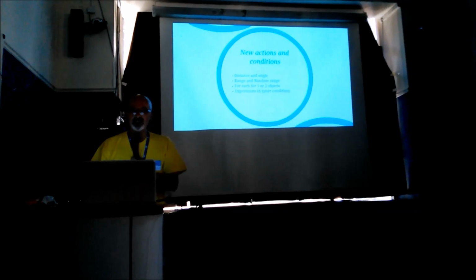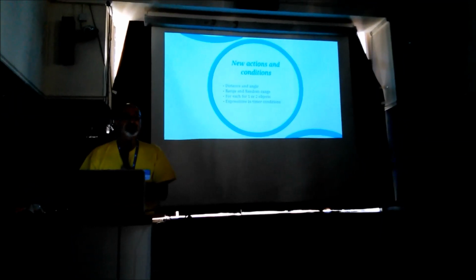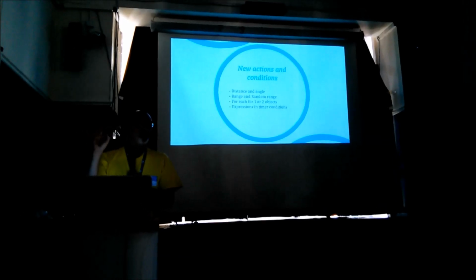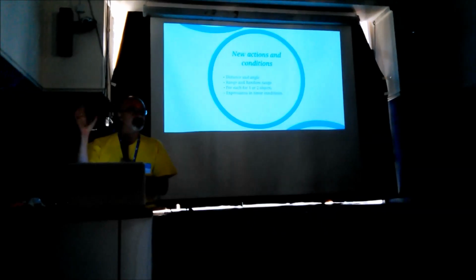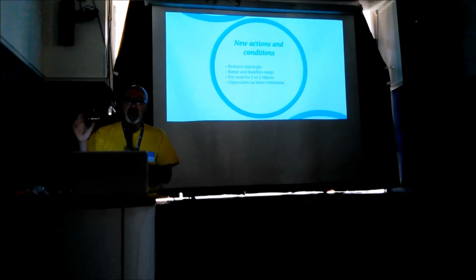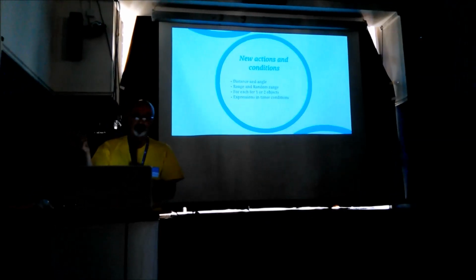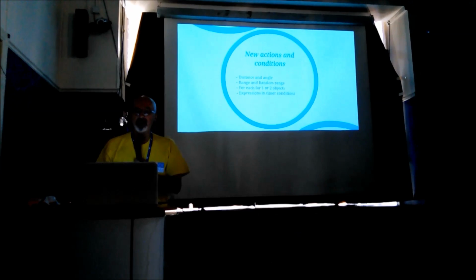New actions and conditions: distance and angle, so distance between 2 points or distance between one object and a point, angle of a point or angle of an object, range and random range.